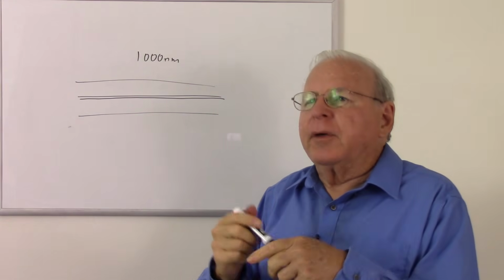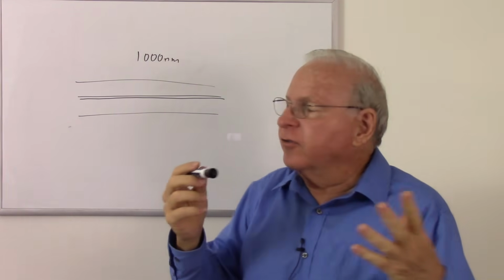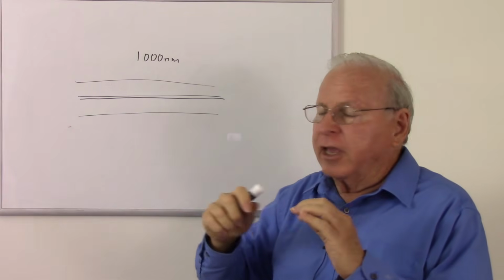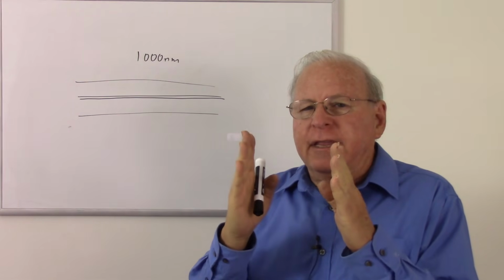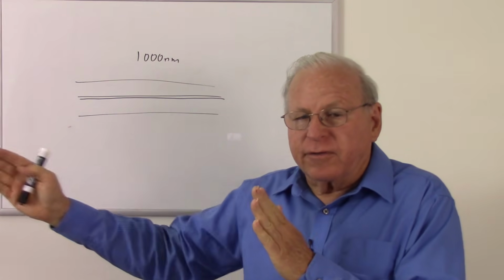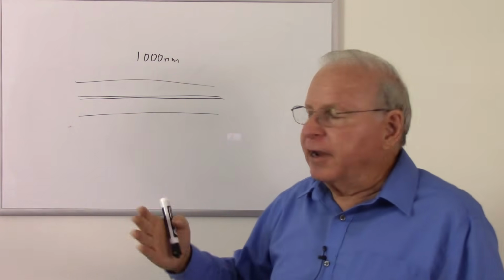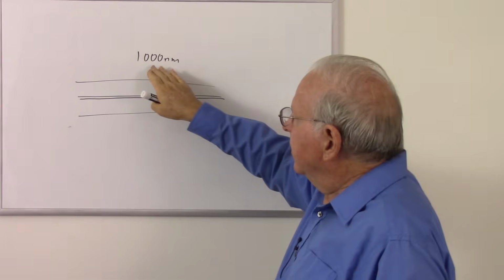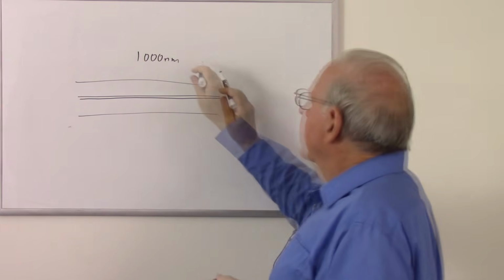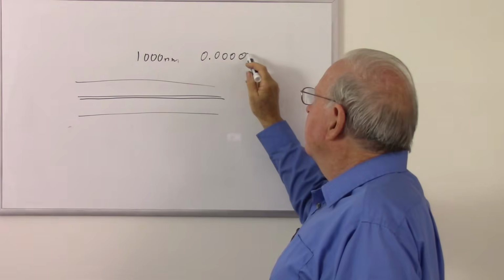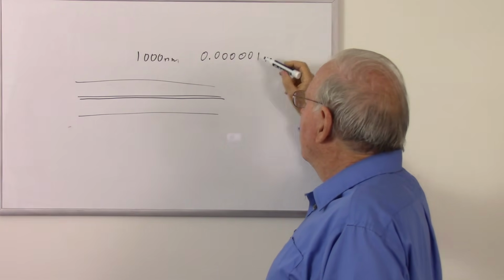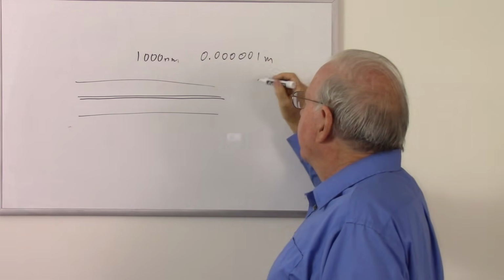And wavelength is something we didn't talk about in AC because it's not relevant, but it is to communications. The wavelength is going to be the distance between the electromagnetic pulses as they travel through. It's basically the speed of light divided by the frequency, but we're not going to get into that. But anyway, 1,000 nanometers. So at 1,000 nanometers, that's 0.000001 meters, or 1 micron, 1 micrometer.